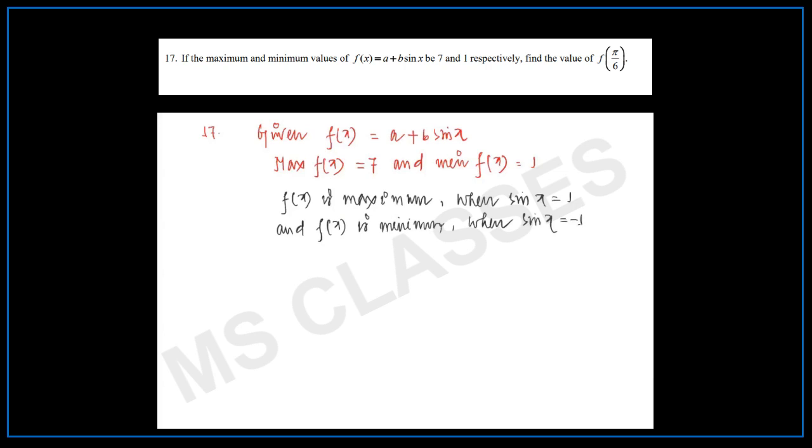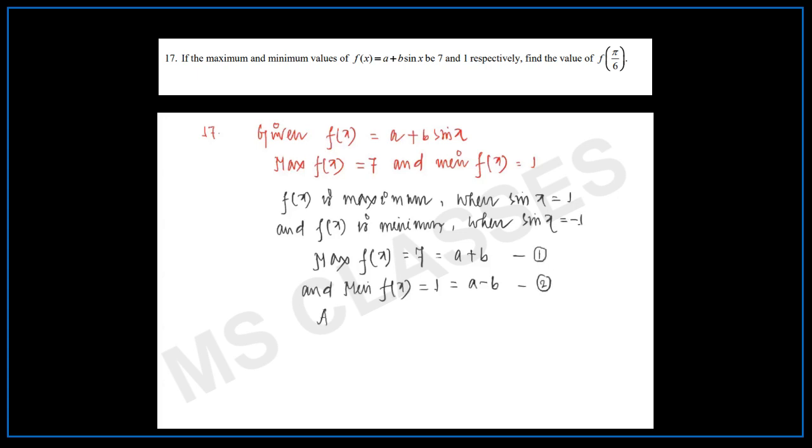So max f(x) equal to 7 equal to a plus b, and min f(x) equal to 1 equal to a minus b. We mark this equation 1 and we mark this equation 2.